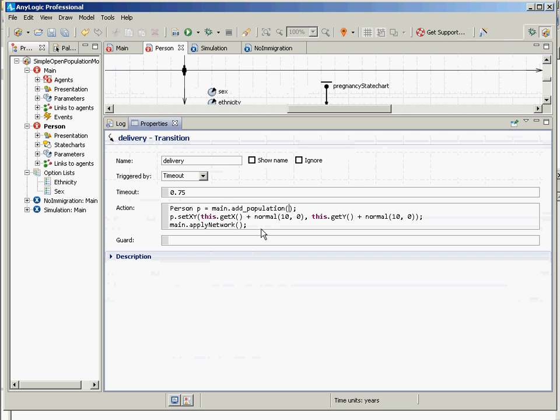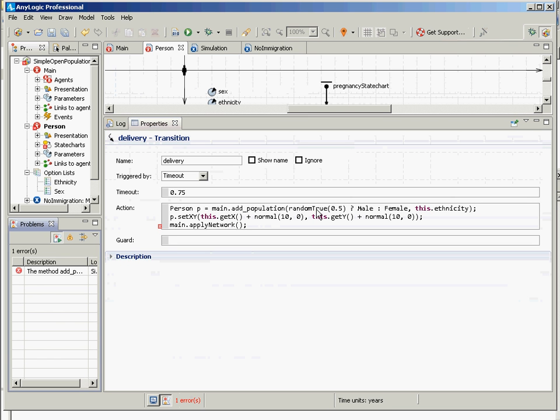So we'll make its ethnicity this dot ethnicity, because it's the mom who's giving birth to it. And then what should its sex be? Well, that could be random, right? So here we can do random true, 50% probability it's male, otherwise it's female. So now the baby's ethnicity is distributed according to the mom's ethnicity.